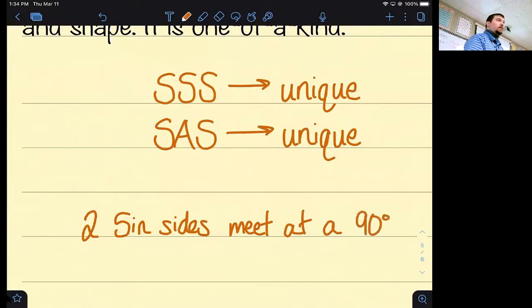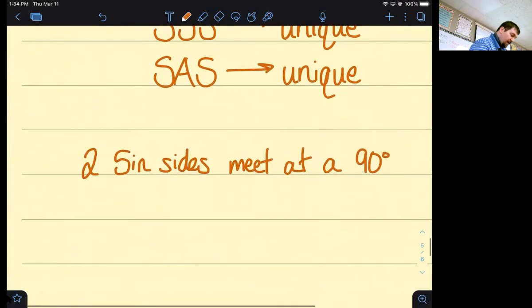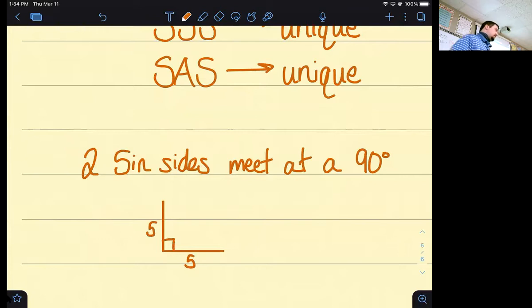We'll just make it easy to draw a right angle. Okay, so I've got a 5-inch side here and a 5-inch side here, meeting at a right angle. Well, I don't have all three sides, but I have two sides and I have the angle between them. And what happens is when you lock in the angle between those two sides, you've also then locked in that third side.